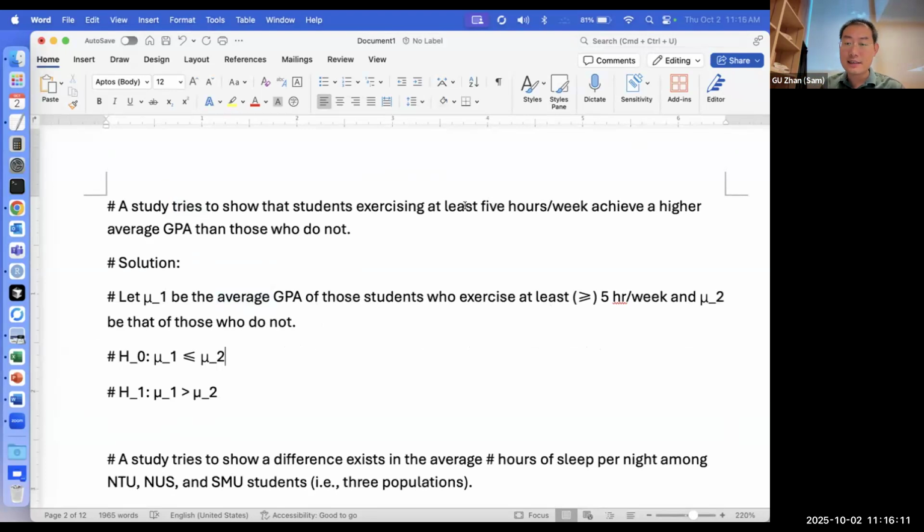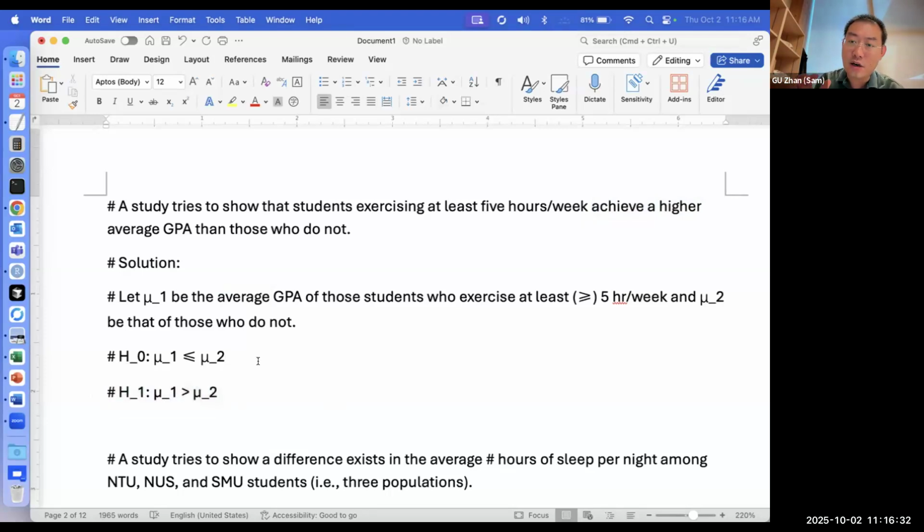The key thing is "achieve a higher", which is something we want to prove and are interested in. If something is of interest to us, we generally put it into the alternative hypothesis. That's why the alternative hypothesis is mu1 greater than mu2.